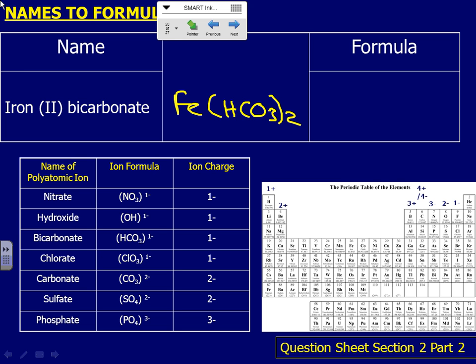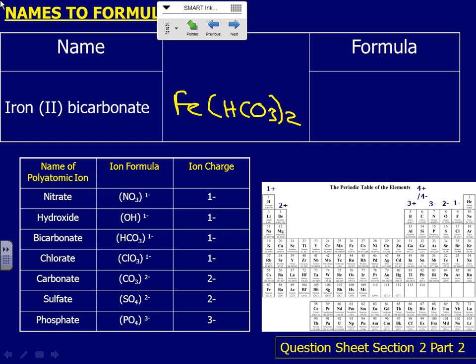So yeah, the brackets are important. Yep. The brackets in the name tell me what charge to use. It's right there in front of you. If I wanted it to be 3, I would have said iron 3. Okay?